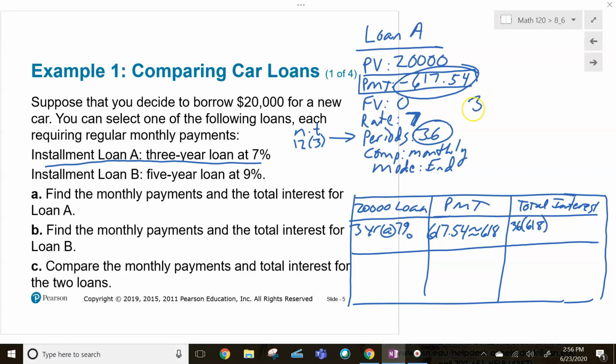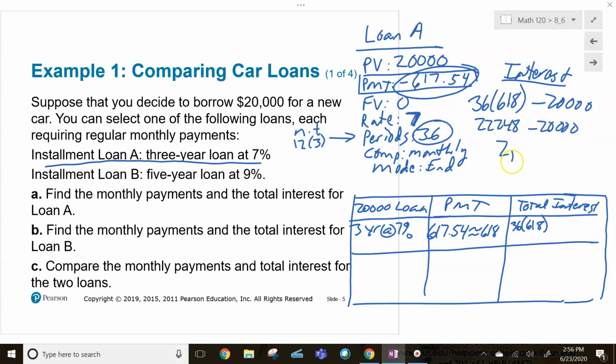Okay, so we made 36 payments at 618. This is my interest on this thing. Subtract it from the 20,000 because I got to keep the car. So I paid an extra 2,248. So you take your payments times how many of those payments you made and subtract it from the loan. Because you remember, you get to keep the $20,000 car. So the total interest was $2,248. Okay.